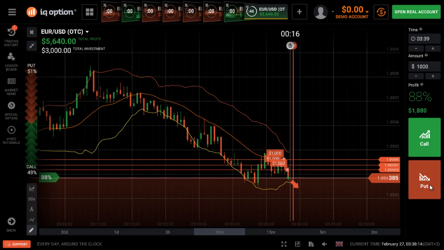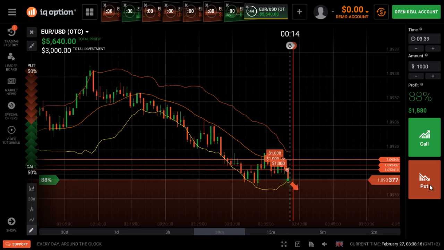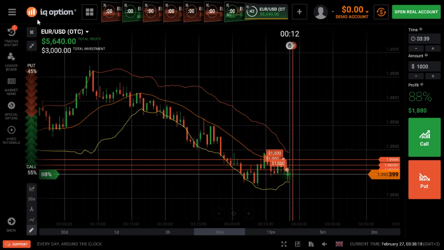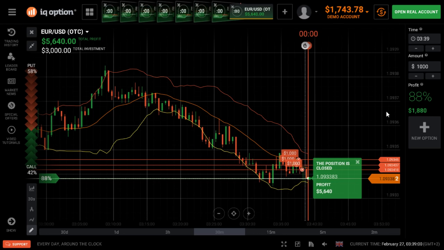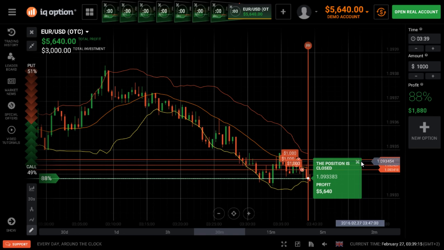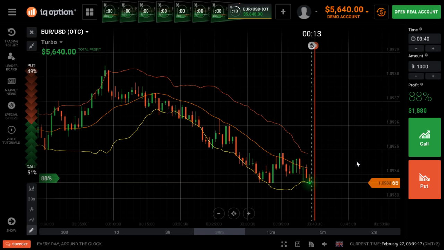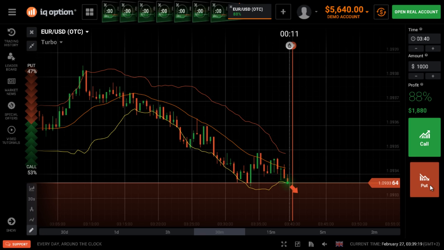But right now it's $3,000 on this demo, but in real money, pretend like I deposit $30. And anyway, the first one I deposited 3 times in a row in one option.